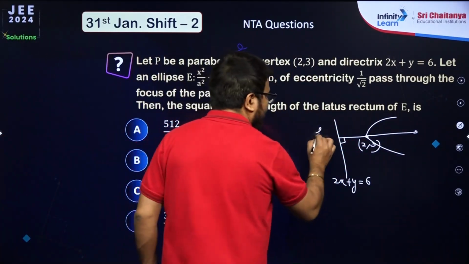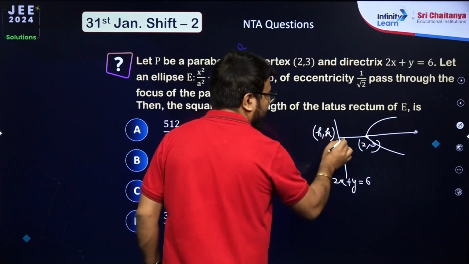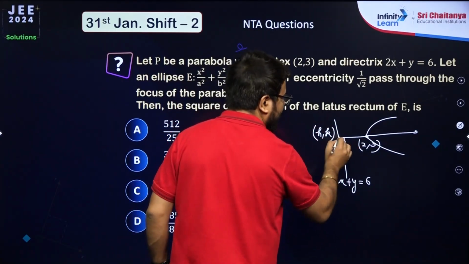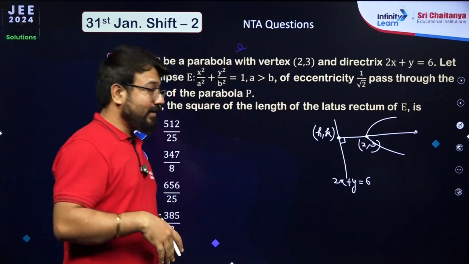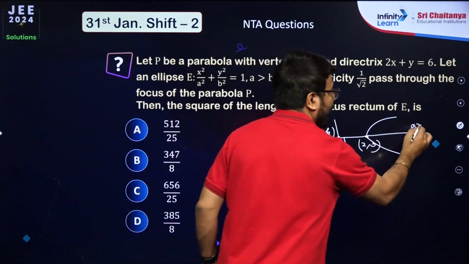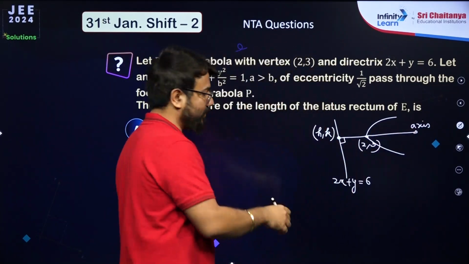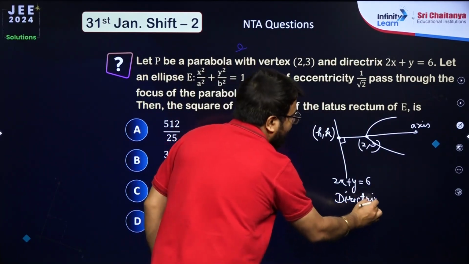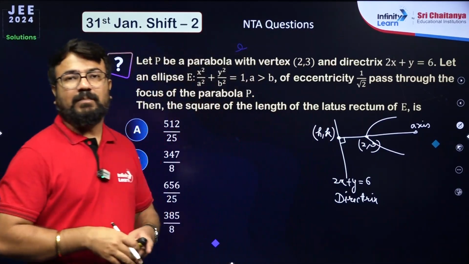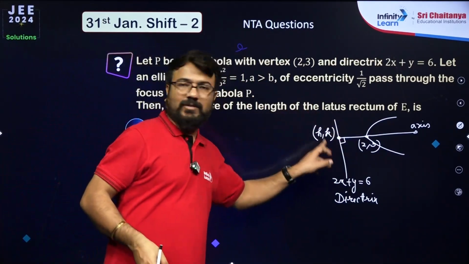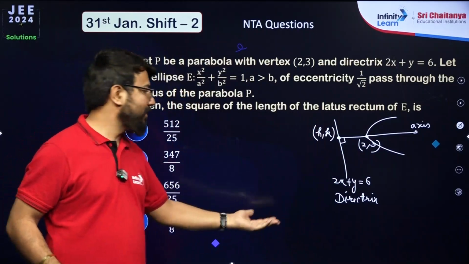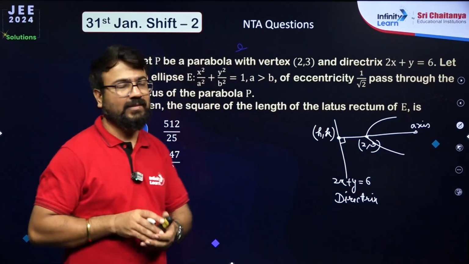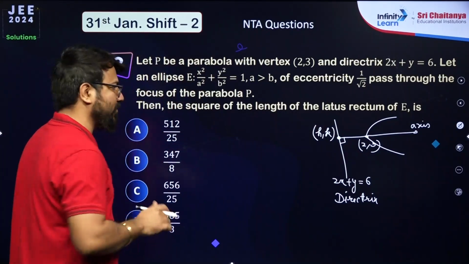Let us assume the point where the axis of the parabola meets the directrix is h comma k. This point can be obtained by dropping a perpendicular from 2, 3 on the line 2x plus y equals 6. Let us find the value of h comma k first of all.